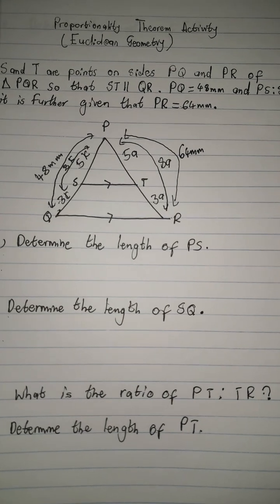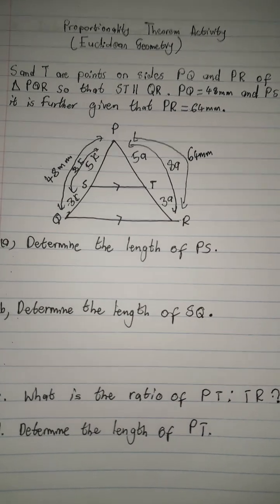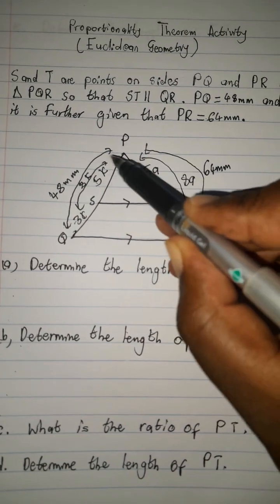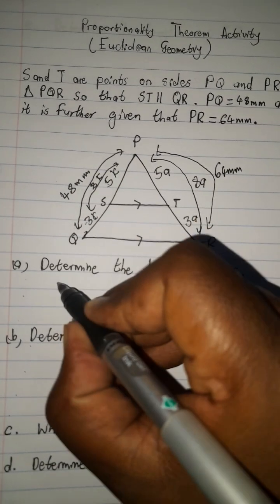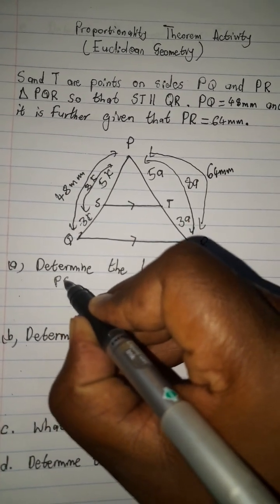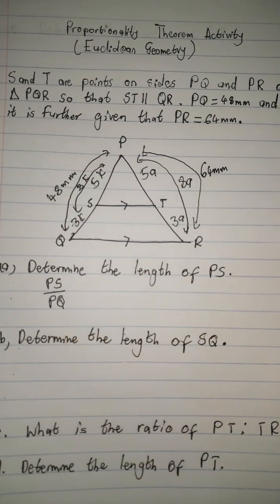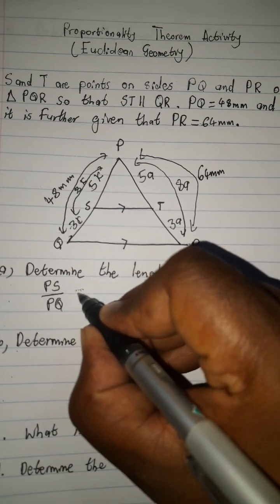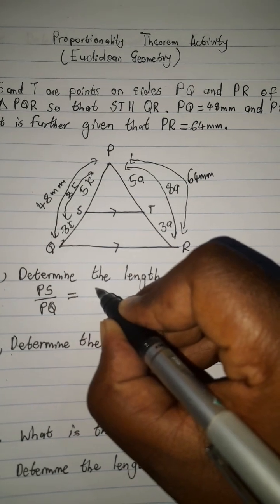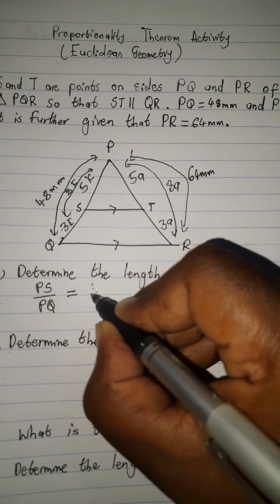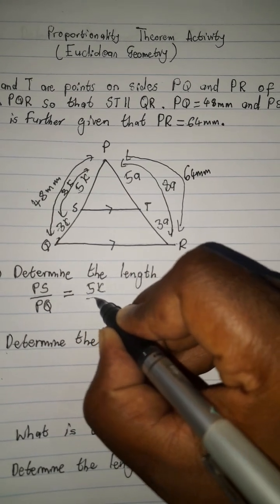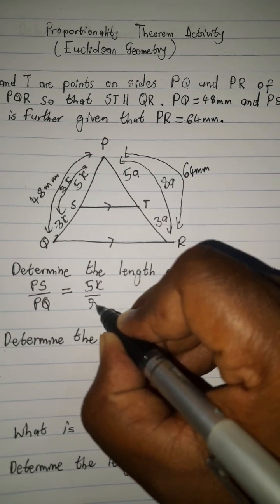Determine the length of PS. We are looking for the length of PS. Remember, here we're given the length of PQ. So for PS, we're going to say PS divided by the given length PQ. We already know that the ratio there was 5K, then for PQ it's 8K.